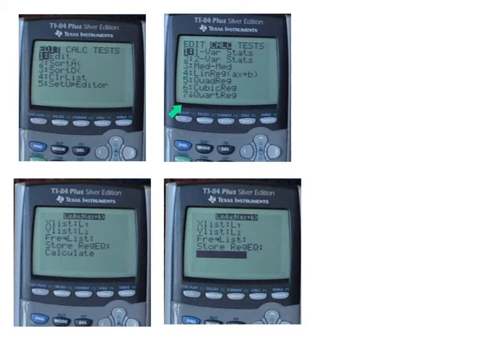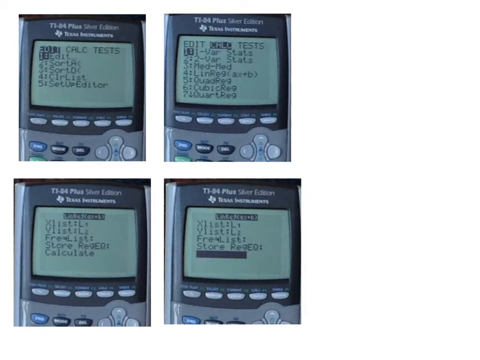I've had students just go, oh, StatCalc 4, StatCalc 4, not even realizing there's a whole bunch of options out there. 4 stands for linear regression, meaning it's dealing with lines. So 4 we only use if the function we have is linear.